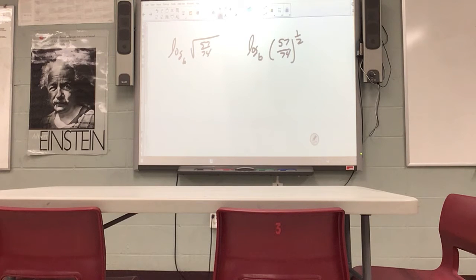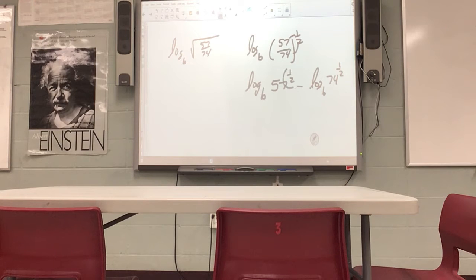Yep. So now I've got quotient property and I've got power property. So this whole thing was underneath the square root. So that means this whole thing gets that power. So I need to make sure I know that it goes to both the numerator and the denominator. So I'm going to have log base b of 57 to the 1/2. Quotient's friends with subtraction, minus log base b of 74 to the 1/2.